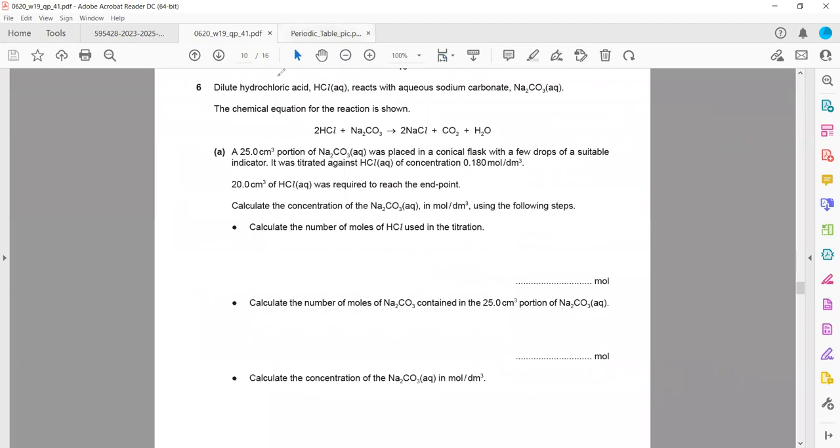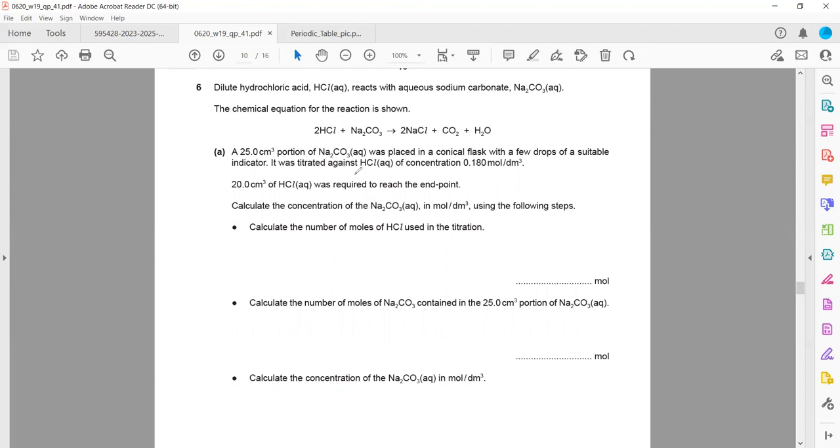In the question, dilute hydrochloric acid, HCl, reacts with sodium carbonate, Na2CO3. So HCl plus sodium carbonate gives NaCl plus CO2 plus water. 25 cm3 of sodium carbonate solution is placed in a conical flask, and a few drops of indicator are added.